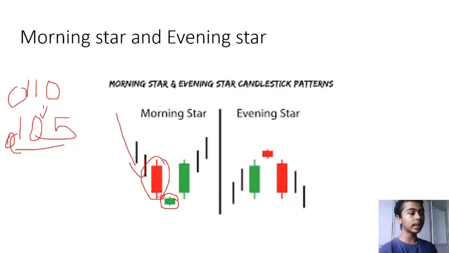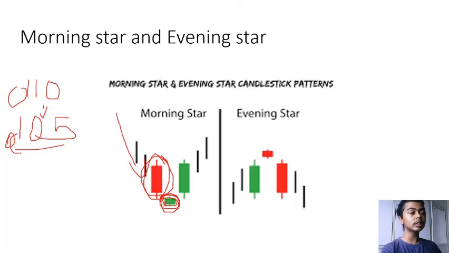Okay, so let's say on Tuesday there was a huge red candle, and the next day there was a doji. The color really doesn't matter, but if it's green, it's better. That day it's just a doji, and that means there is indecision in the market.